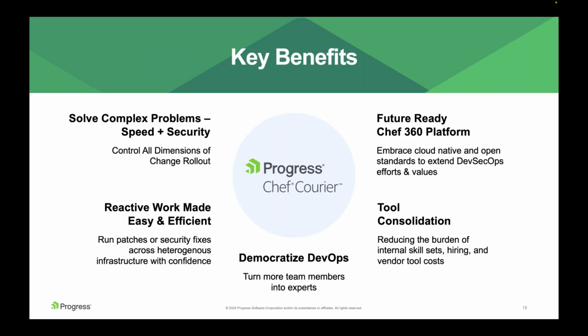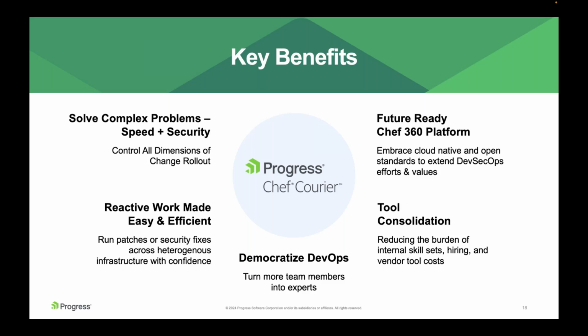The next is reactive work made easy and efficient. Consider an example of a vulnerability discovered in your systems. What you'd want to do as an incident response measure is create patches, test those patches, and then deploy those patches to minimize the impact of this vulnerability, or let's say an attack in this case. Now, traditionally, that was hard to do with Chef because of how Chef clients used to check back with Chef servers and apply changes.